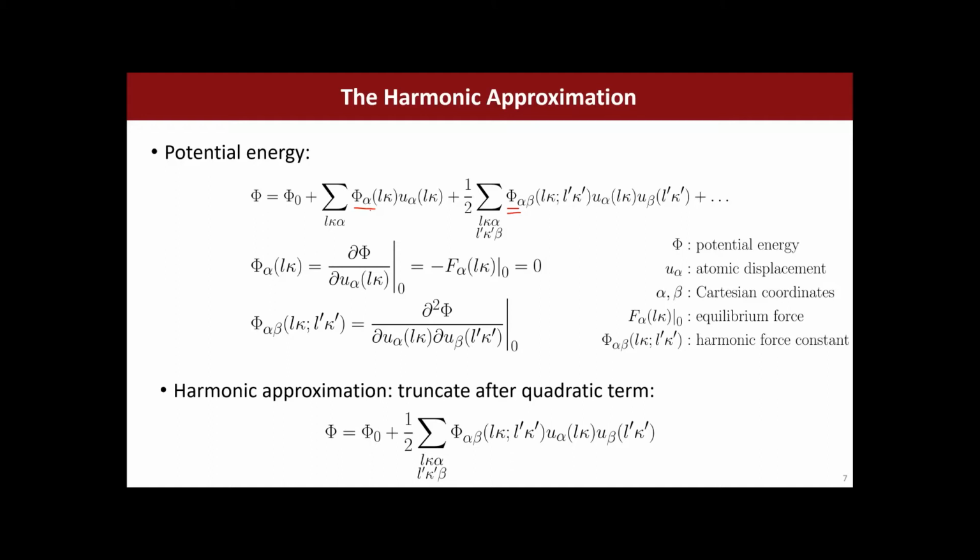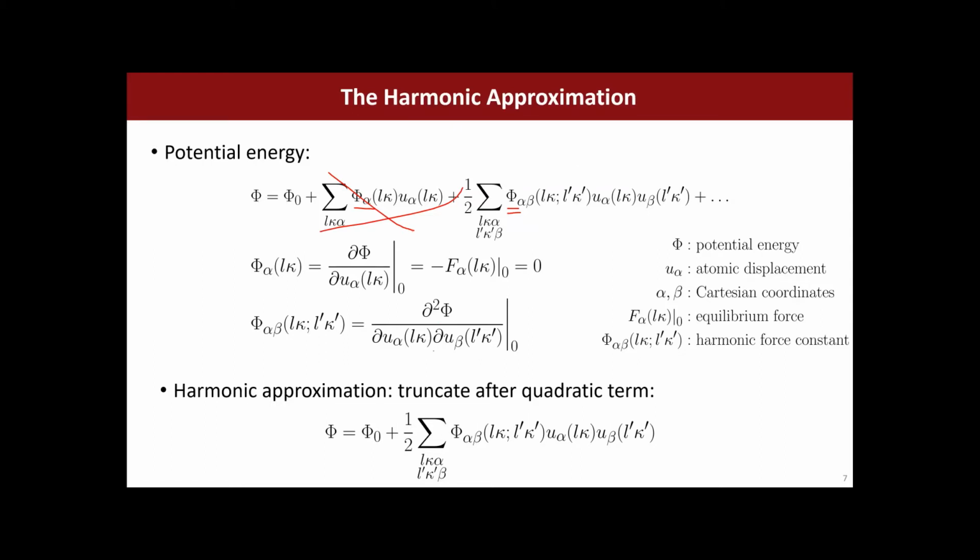If it's not 0, then the crystal is distorting and we are not in equilibrium anymore. So this first term is going to be 0 if we are in equilibrium. The question is, of course, what happens if we're not in equilibrium? That is a very important question if we're assessing phase stability. I will get to this at the end. So this entire term here will be 0.